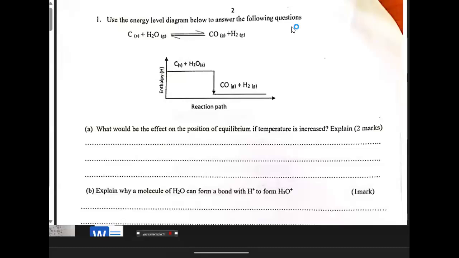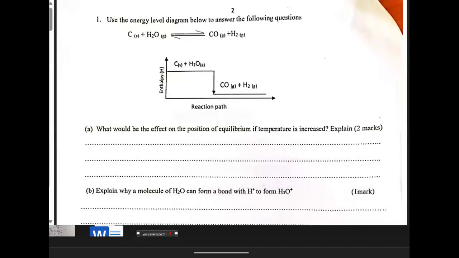So increasing the temperature will make the reaction reverse to the opposite direction. It will not favor the forward reaction because the forward reaction is exothermic. Rather, it will favor the backward reaction. Reason: the forward reaction is an exothermic reaction that takes place by losing heat, so it does not require heat.